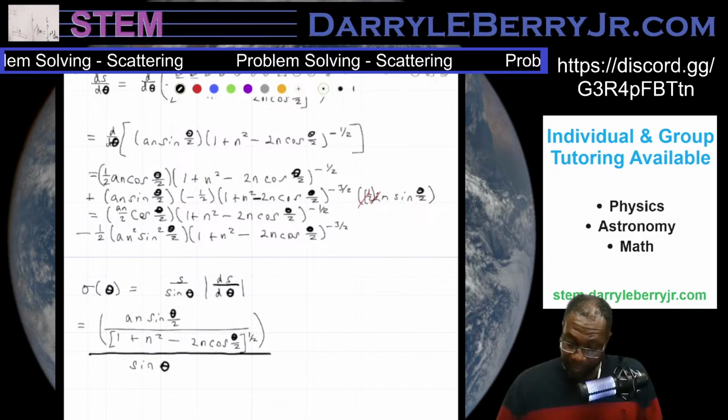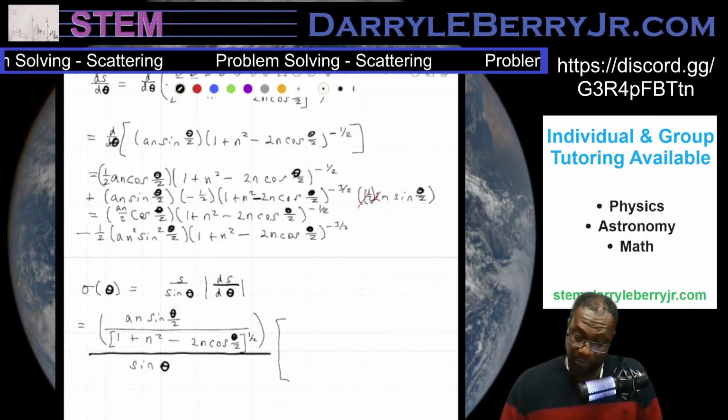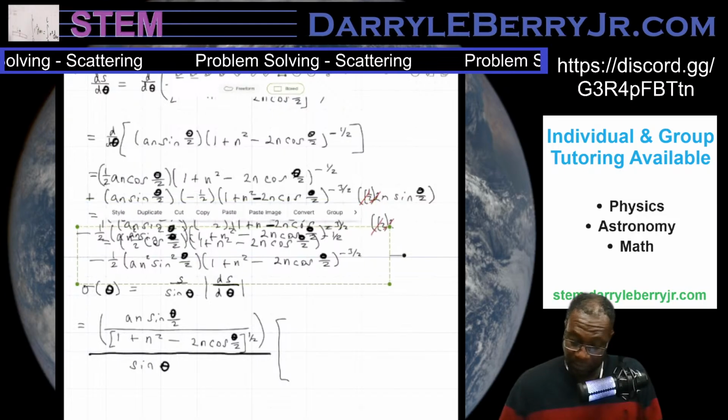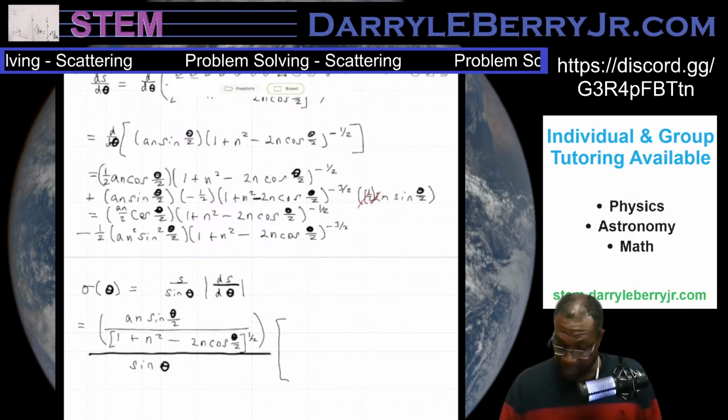Then we have to multiply by all of that, which is everything on the second line here.